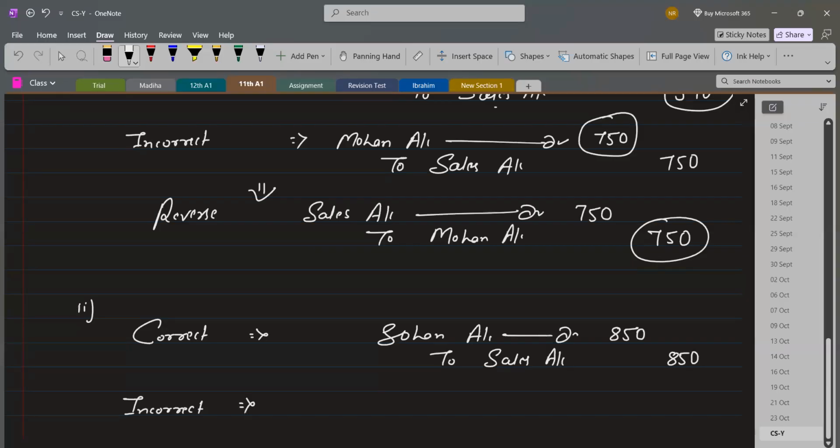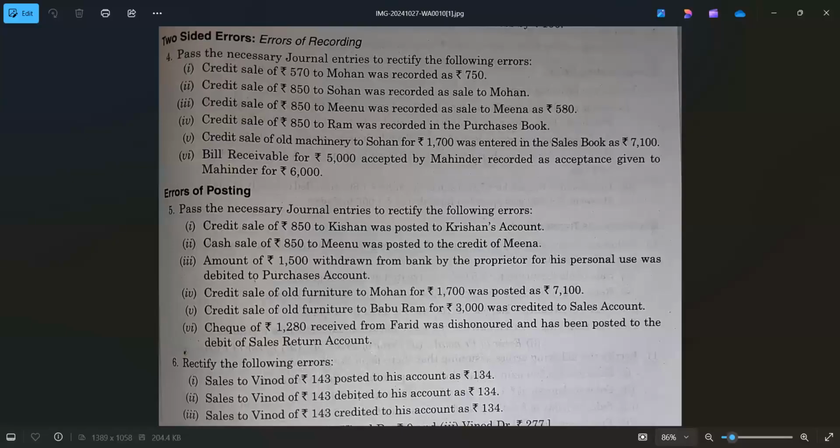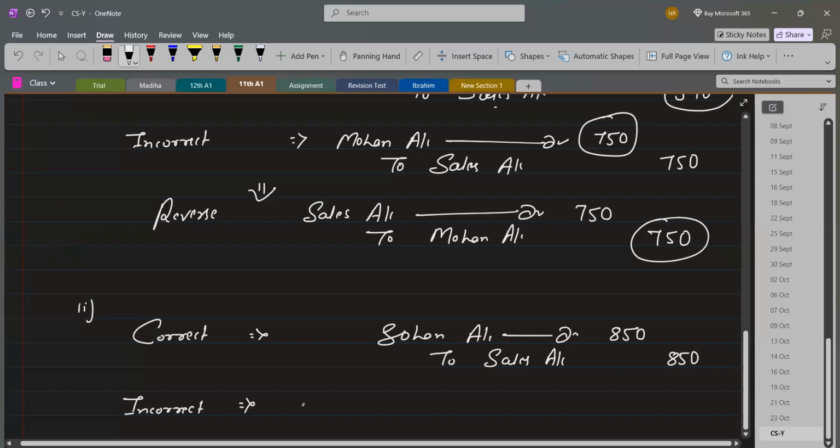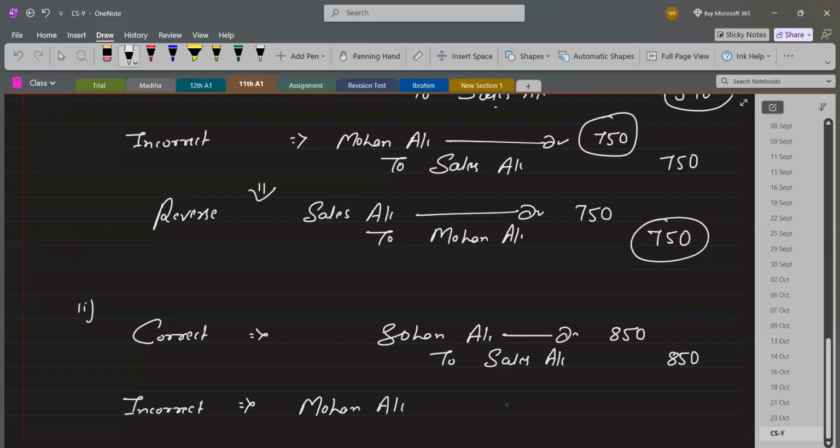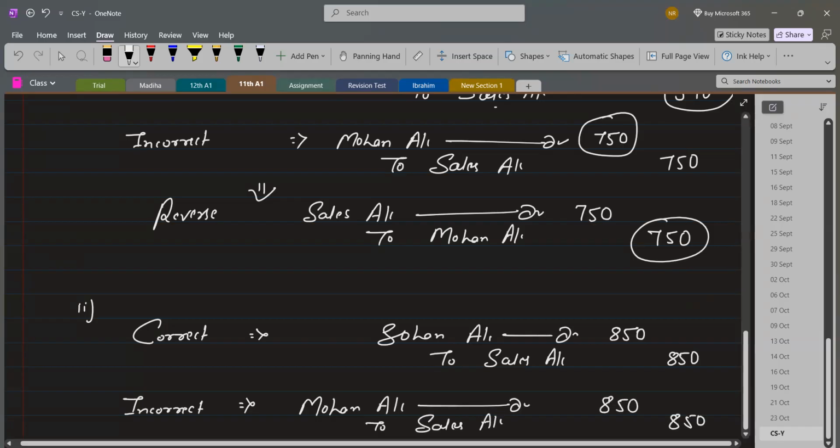Sohan was recorded as Mohan. Okay, so the entry is Mohan account debit to sales, 850.